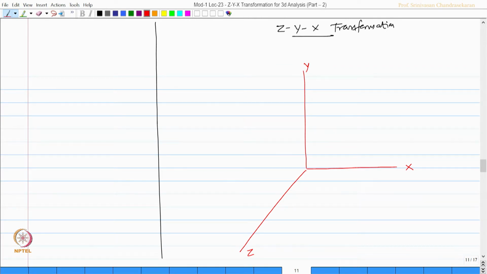Let us mark the local axis in blue color, z m axis.